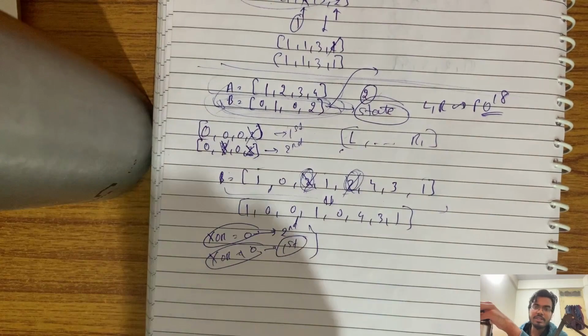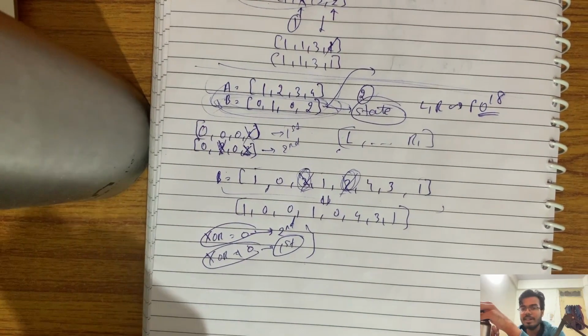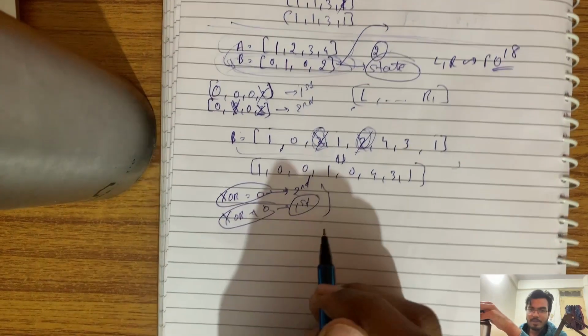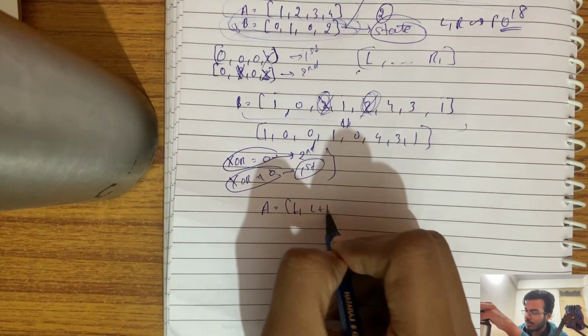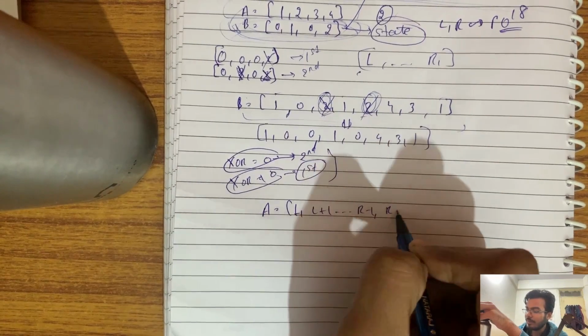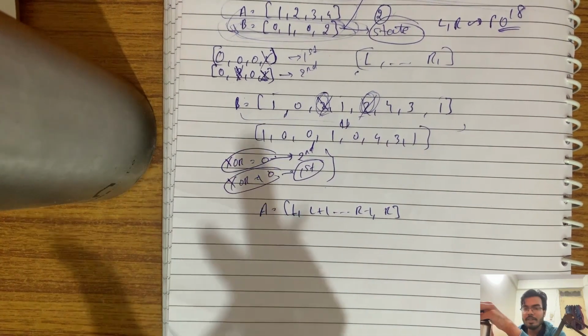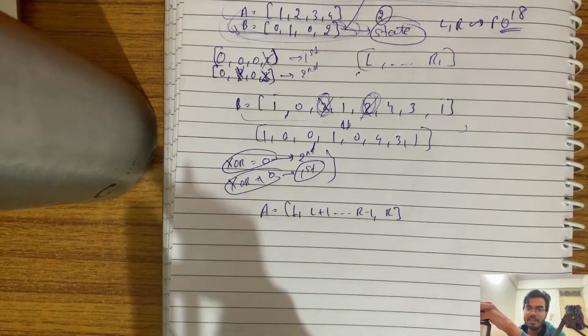If you see in the constraints, L and R go up to 10 to the power 18. Our array is like L, L plus 1, till R minus 1 and R. So we can't make an array of 10 to the power 18 length, right?